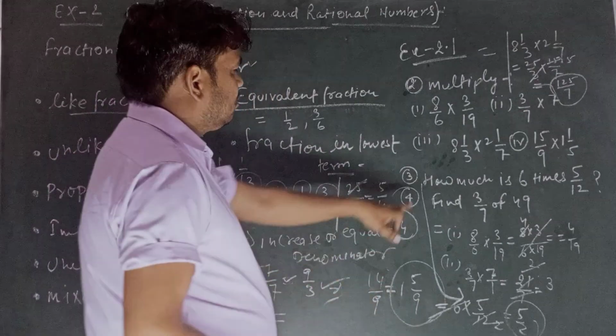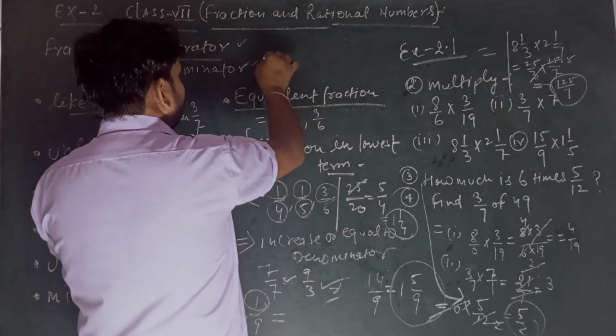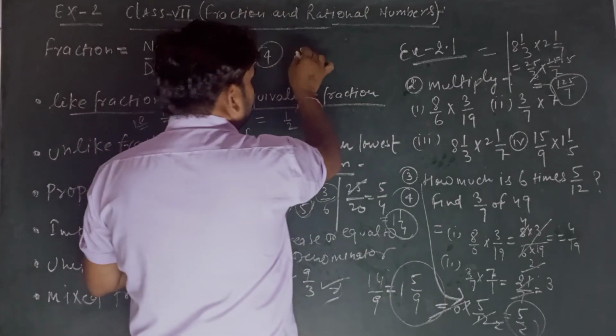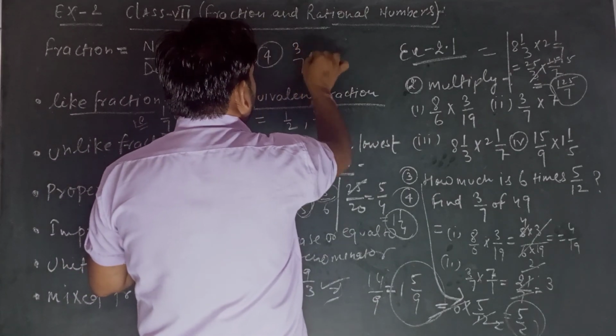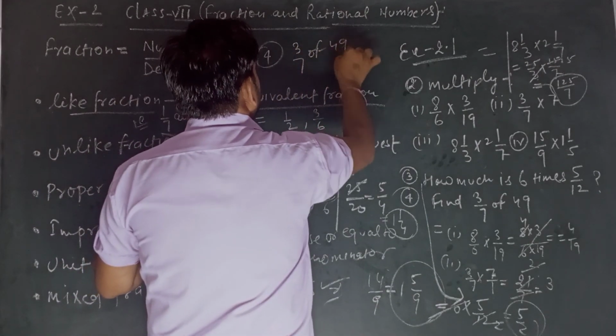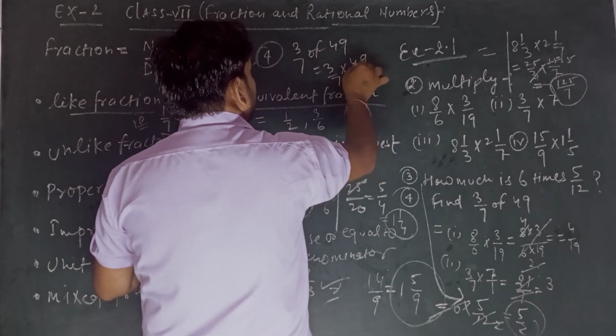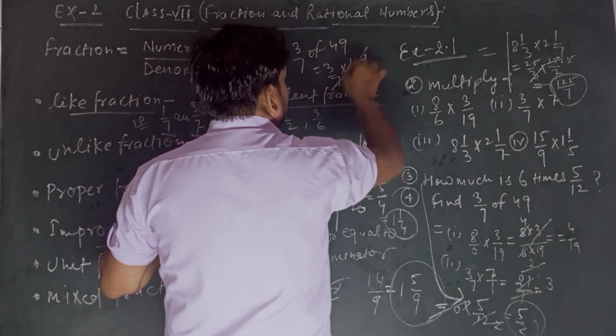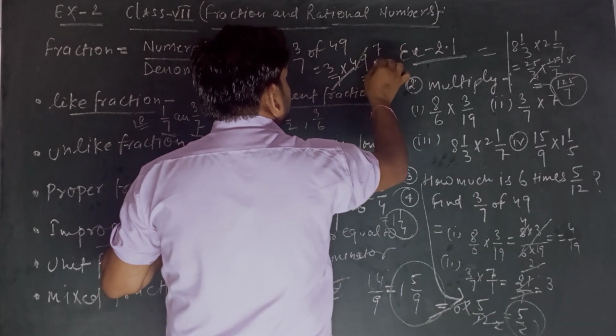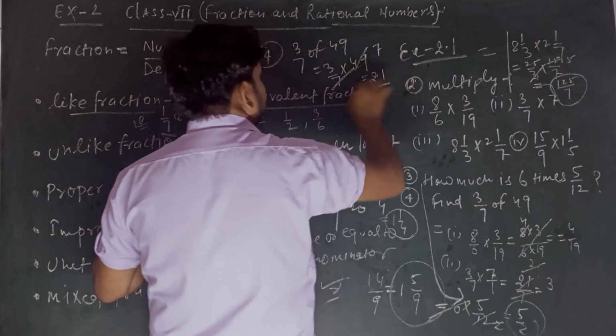Now we take question number 4. 3/7 of 49. It means 3/7 multiplied by 49. So now 7 sevens and 21 we get here.